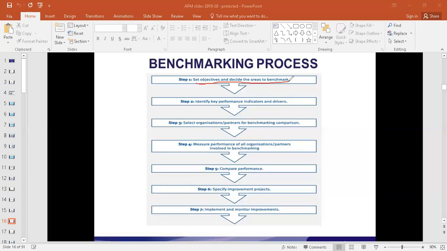Select organizations and partners for benchmarking. Then measure performance of all organizations and partners involved in benchmarking. Then the performance has to be compared. On comparison, we identify whether they are on par or not.